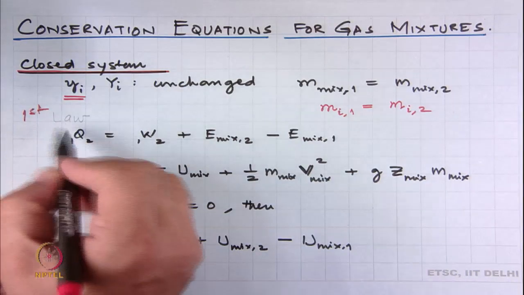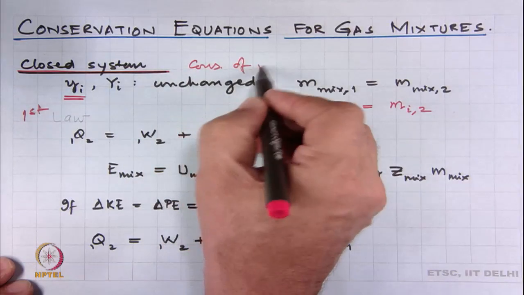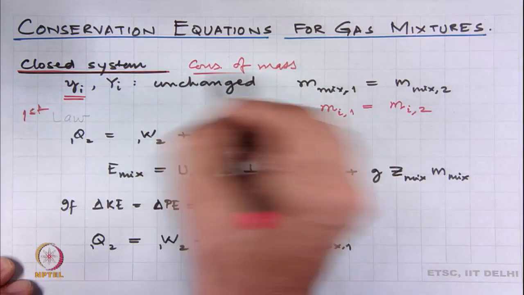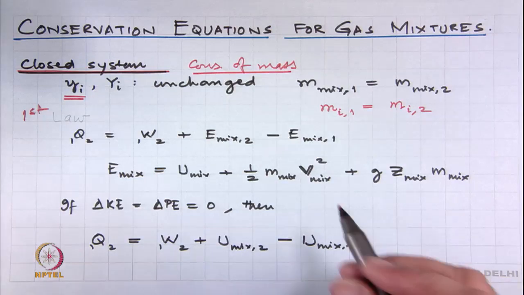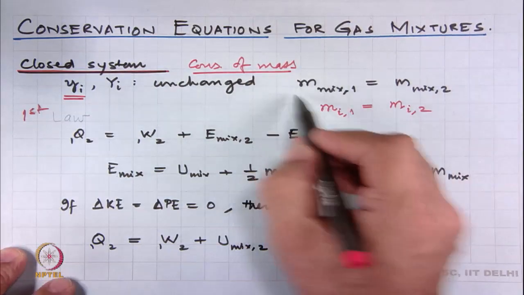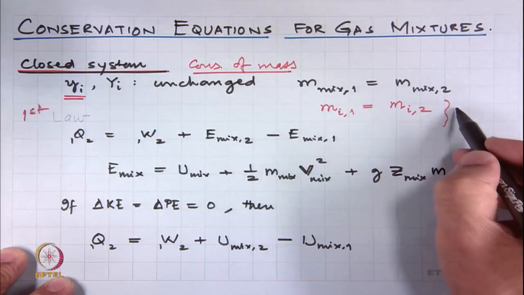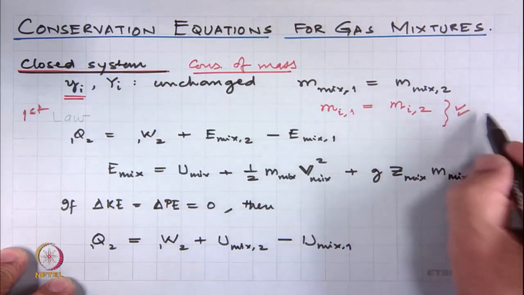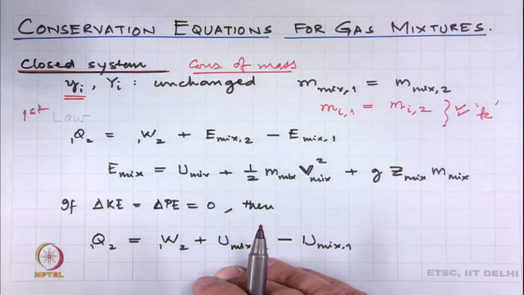So, that is conservation of mass. The additional thing that has come here compared to pure substances is that instead of just one equation for conservation of mass, which could be the mixture one, we now will have as many conservation equations as the number of components in the mixture.